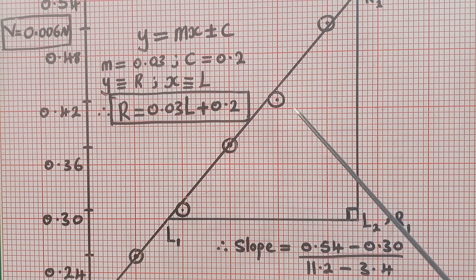Therefore, the formula connecting resistance and length is given by R is equal to 0.03 L plus 0.2. Anytime you know the length of that wire, you can tell what resistance it is going to offer simply by putting it here in substitution and finding the value of R by calculation. That's wonderful. You agree with me?